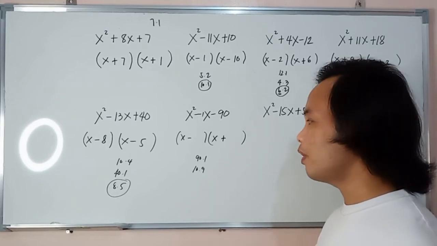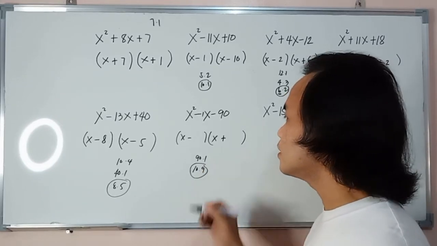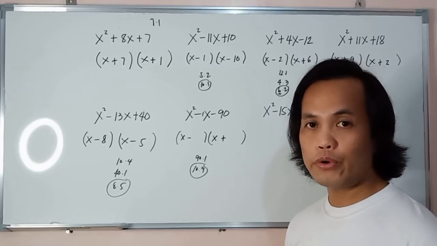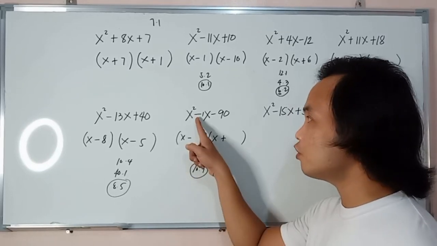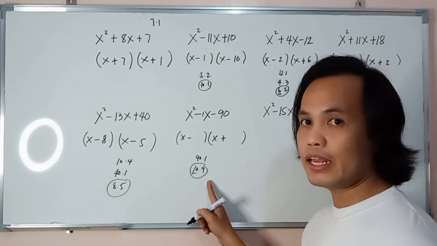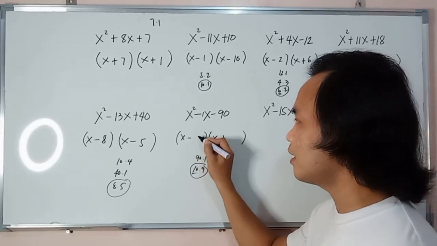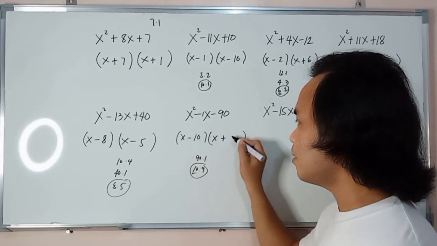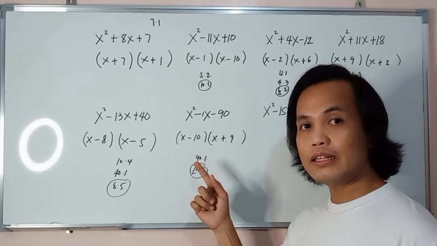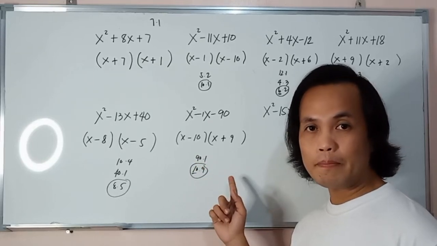So we will be using these factors, and we write the bigger factor to the sign identical to our middle term. Since our middle term is negative, we write 10, which is bigger than 9, to our negative. So we write x minus 10 times x plus 9. So we can have x plus 9 times x minus 10.